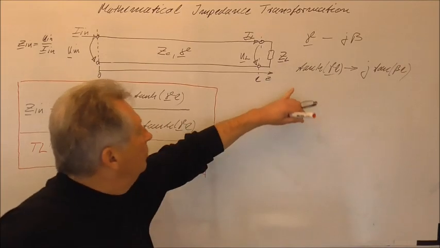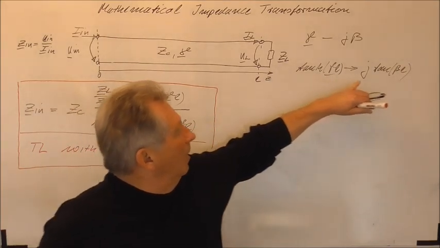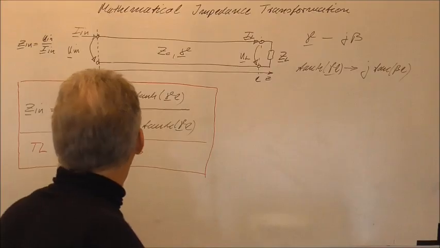So we have to replace the tangents hyperbolicus function by j tan(βL).